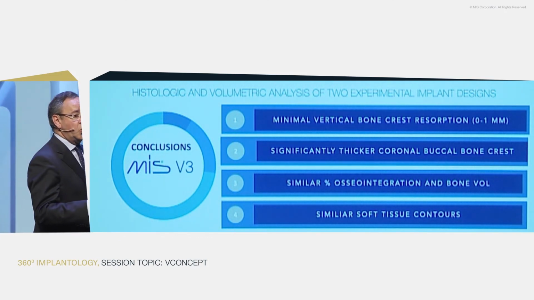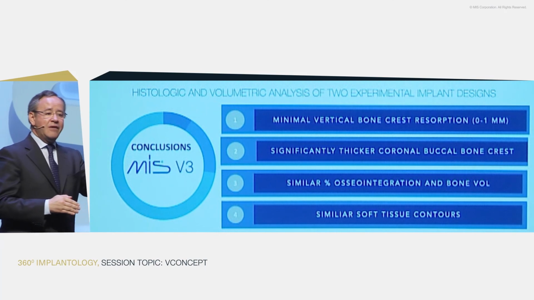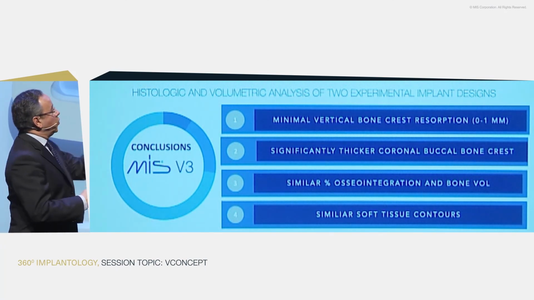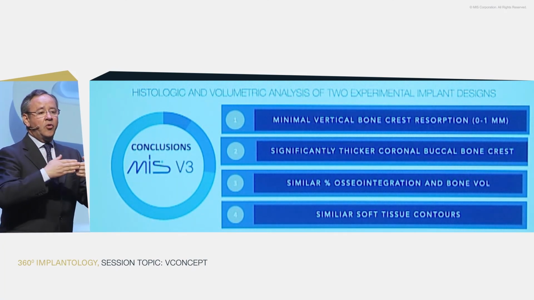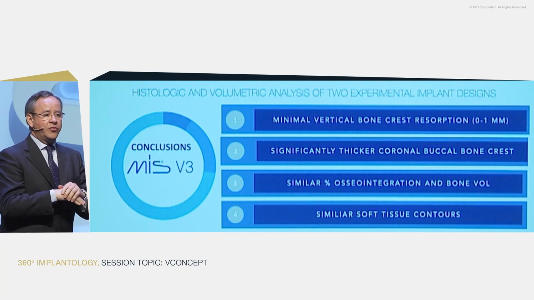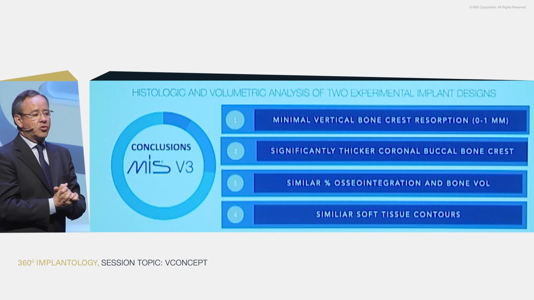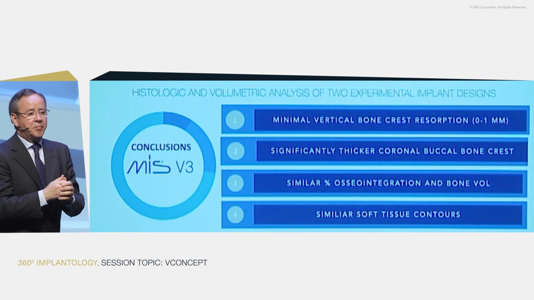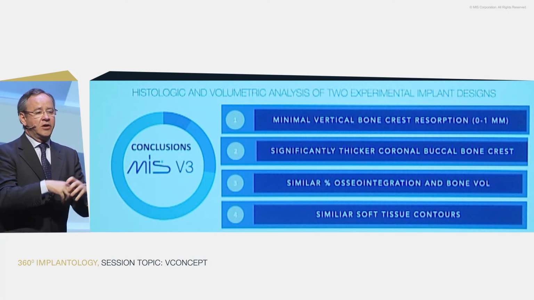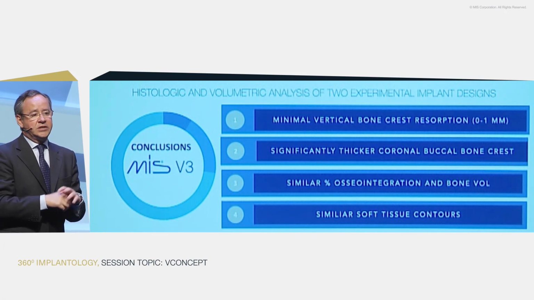Also, we are placing our implants at bone level. So we are getting a thicker bone crest in front of the implant shoulder, but the soft tissue contours are not affected by what is inside the bone crest itself.